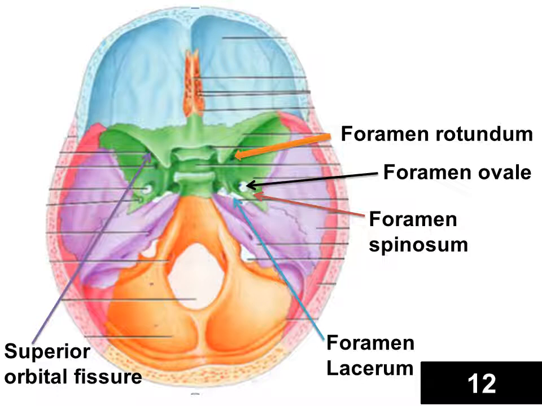Now why this gap? The petrous apex tries during fetal life to grow to reach the body of the sphenoid. However, it does not fill all the space, but leaves this irregular gap that we call the foramen lacerum. But do not forget, it is not a true foramen.